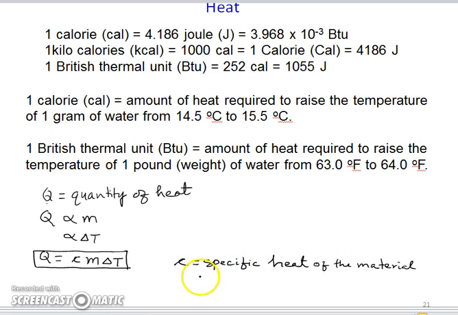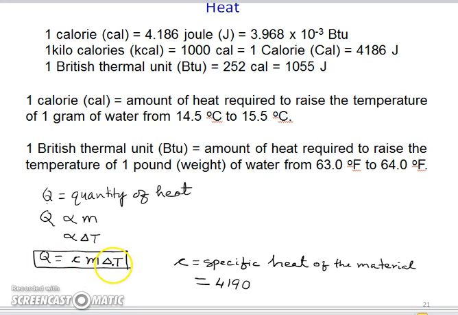In this chapter, a lot of the time our material will be water. So the specific heat of water is 4190. And what's the SI unit? Q is quantity of heat, heat is energy, so joule. m is mass, kilogram.